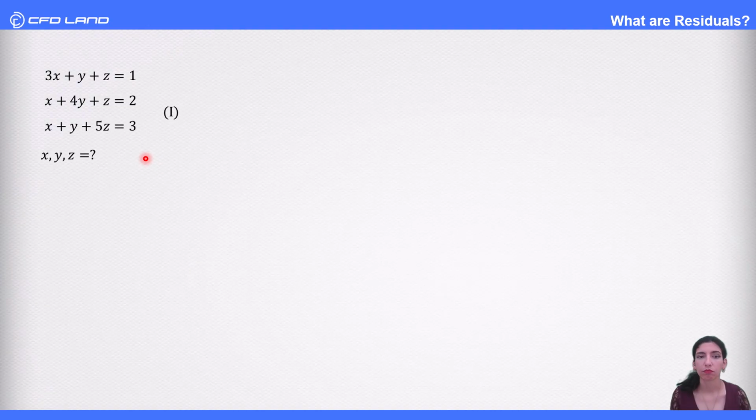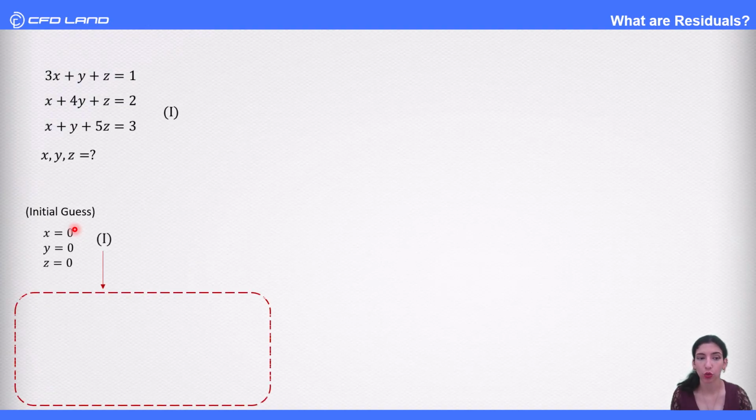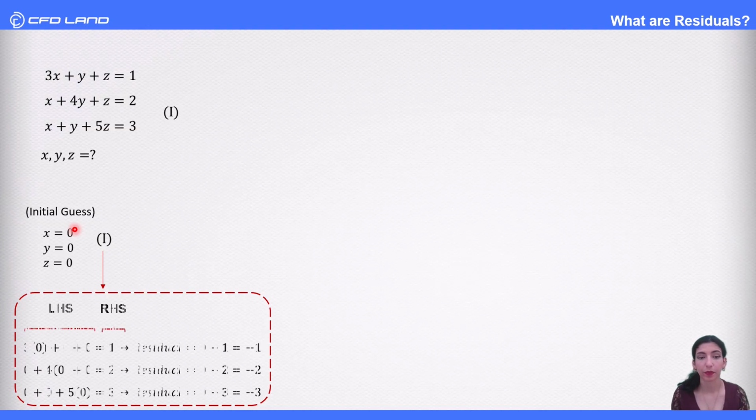Well, we are using an iterative method, so we make an initial guess, 0 for all variables. We input them into the equations, and we calculate our residuals. Subtracting right-hand side of the equation from left-hand side.